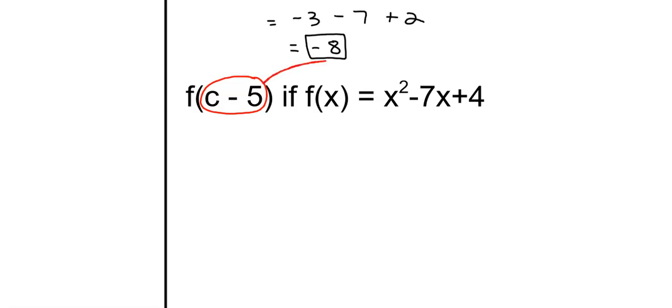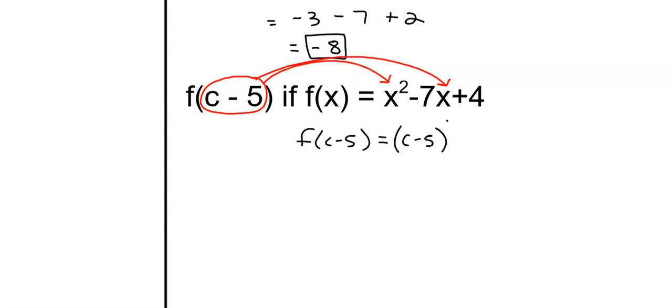Just take this c minus 5 and substitute it in each time you come across an x. So f of c minus 5 is equal to, I see an x, I'm going to replace it with c minus 5, make sure it gets squared, minus 7 times c minus 5 plus 4.